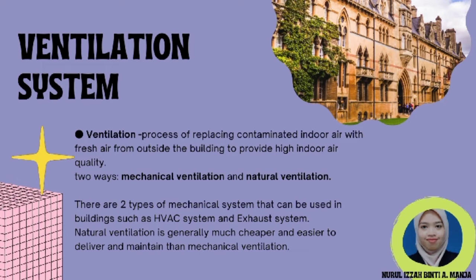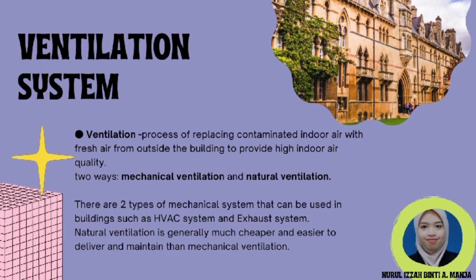I will present about the ventilation system. Ventilation is the process of replacing contaminated indoor air with fresh air from outside the building to provide high indoor air quality. There are two ways to keep the indoor air quality in a building, which are mechanical ventilation and natural ventilation.